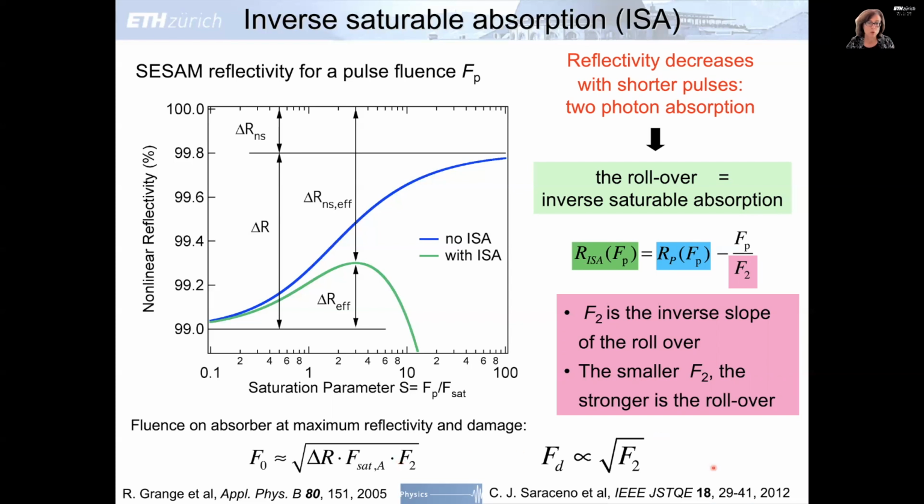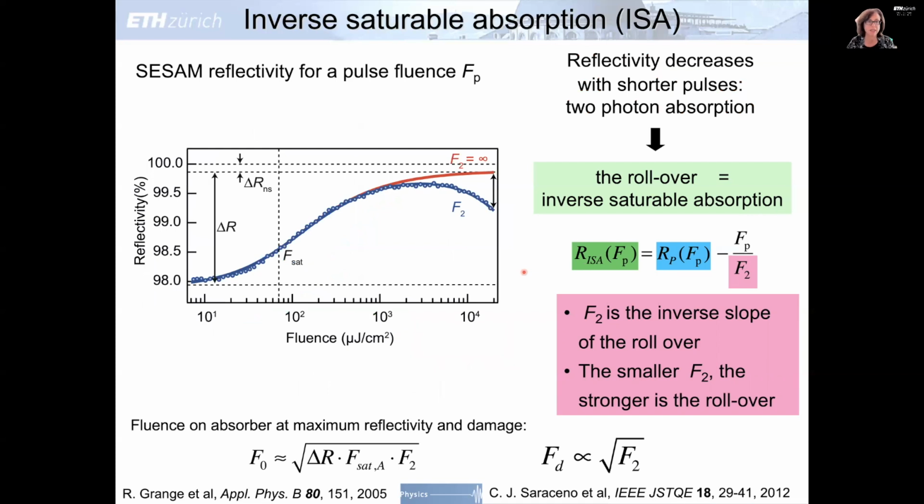We could also show that the damage of the SESAM is related to F2. So this is then the design guideline that we want to make F2 as high as possible in comparison to saturation fluence to reduce this effect. So if you do it right, the rollover is at high enough fluences, far above the saturation fluence, so that we also don't have much increase in the non-saturable losses.